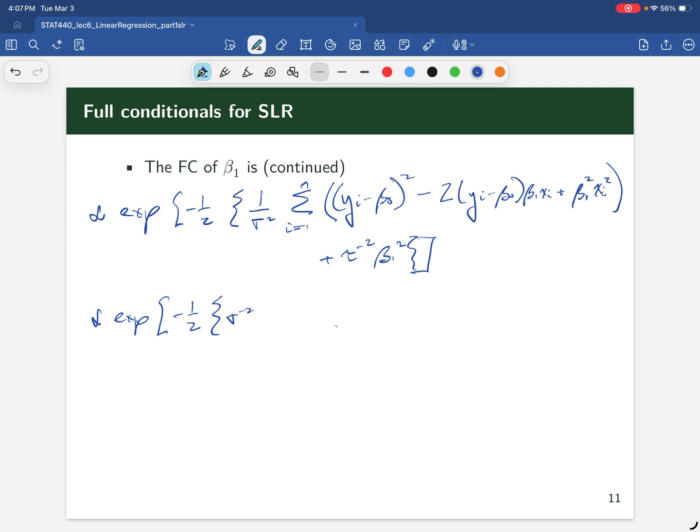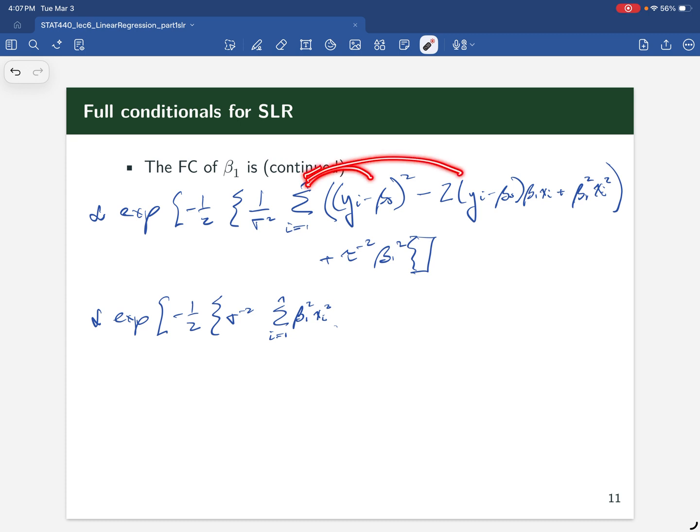I have the sum from i equals 1 to n of beta 1 squared xi squared. Basically what's happening there is this sum gets applied to all three of these things. I want my beta 1 squareds in front.